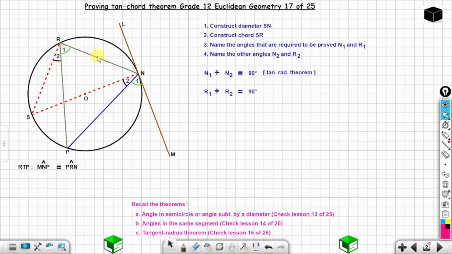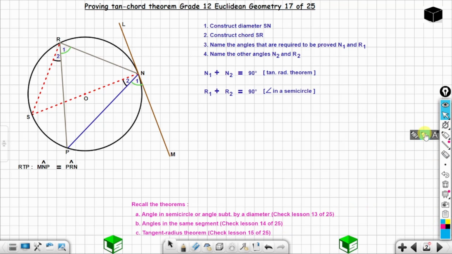The reason is angle in a semicircle, or angle subtended by a diameter: an angle subtended by a diameter is equal to 90 degrees. So now remember the theorem from lesson 14 of 25. Can you see?